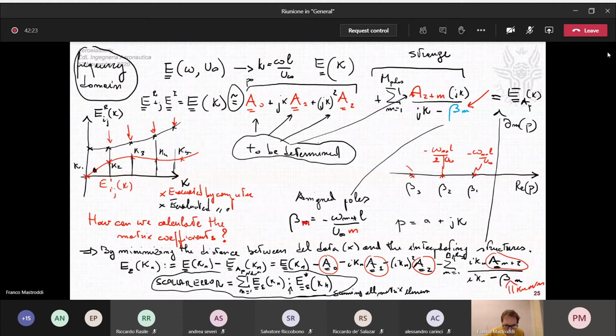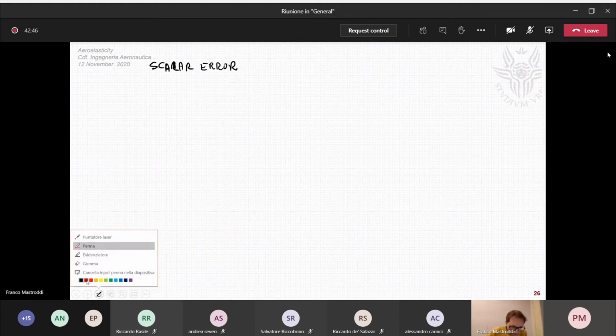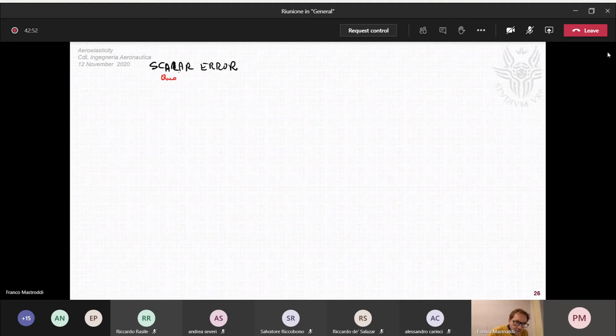If you consider this scalar error definition, it is a quadratic function of the A matrices. Go to the other slide. Our scalar error is a quadratic function of a0, a1, a2, and so on.